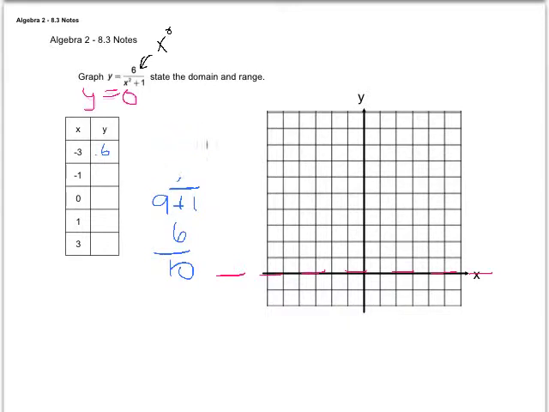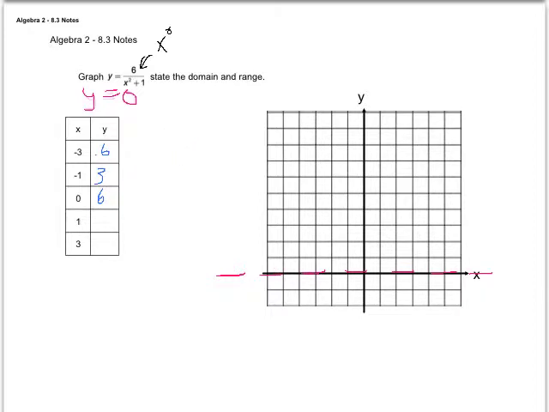And then, when we work the next guy, we're looking at 6 over negative 1 squared plus 1, which is going to be 6 over 1 plus 1, which is 6 over 2, which is 3. And then we'll work the next guy, which is going to be 6 over 0 squared plus 1, which is going to be 6.